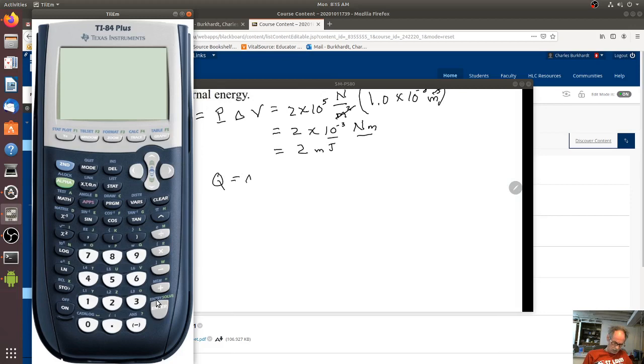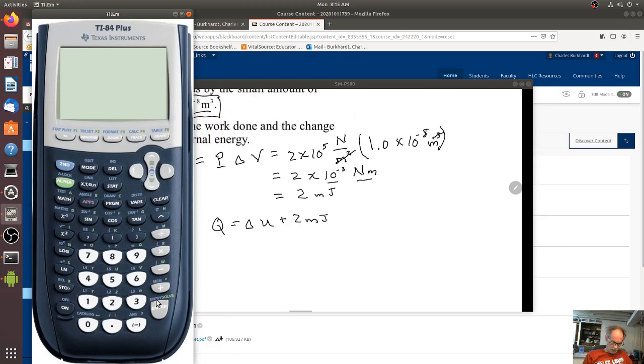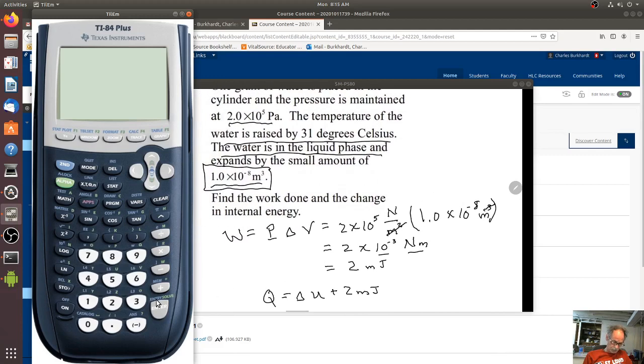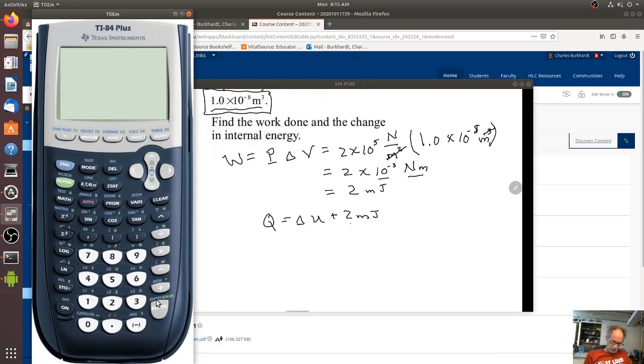Q equals delta U plus W. How am I going to find Q? I think Q is really a lot of joules, because Q is going to be so much that this 2 millijoules is going to be negligible, actually, in this problem. But we had a formula last chapter. Q equals mc delta T.